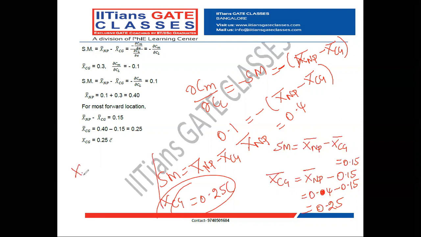So xnp bar minus xcg bar is nothing but 0.05, 5%. So this is 0.4 minus 0.05 equal to xcg bar.